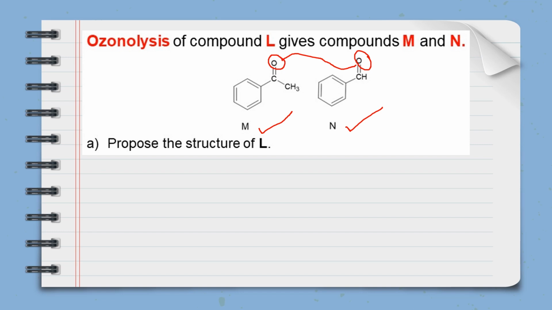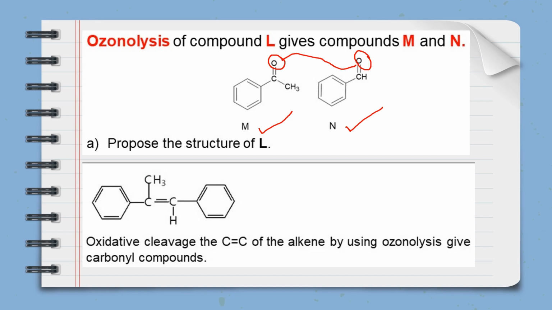Oxidative cleavage of the C double bond C of the alkene using ozonolysis gives back carbonyl compounds, either ketone or aldehyde, depending on the structure. This question gives you 1 mark.